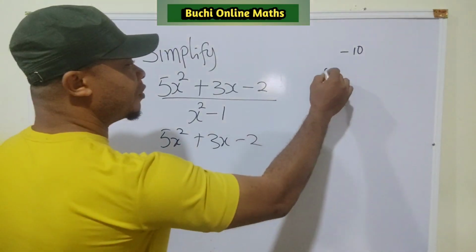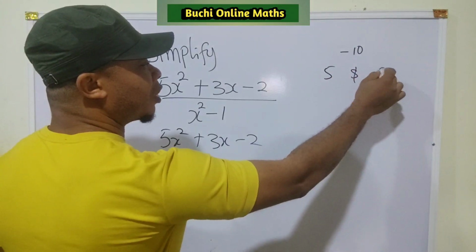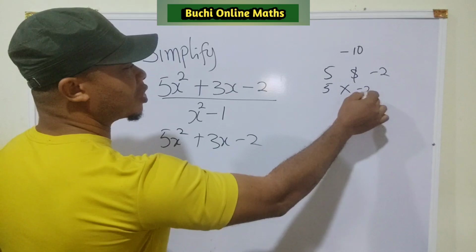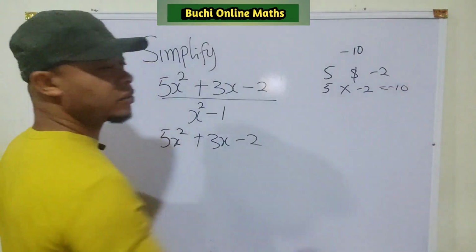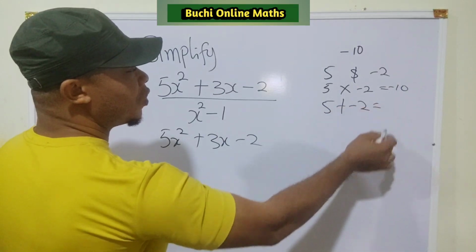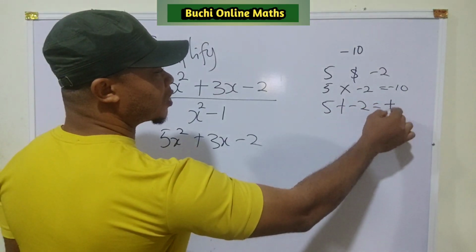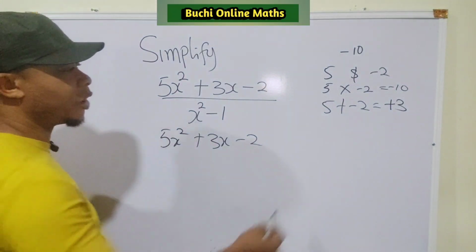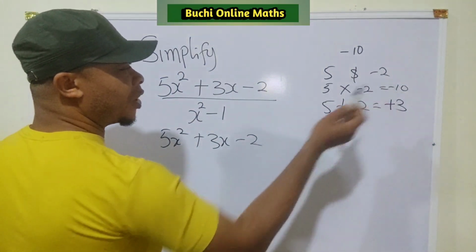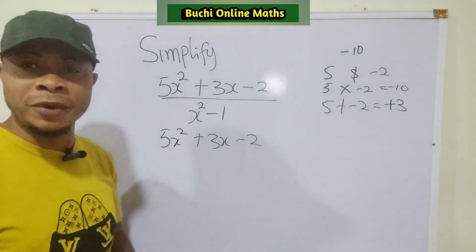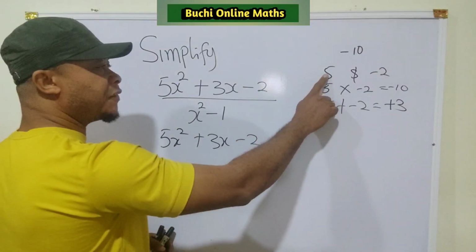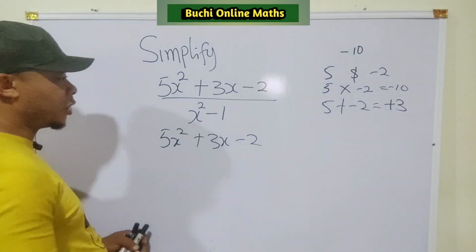The numbers should be 5 and −2, because when we multiply 5 and −2, we have −10, and when we add 5 and −2, we have +3. Plus and minus is minus, so 5 minus 2 gives us 3. So we are going to use 5 and −2.